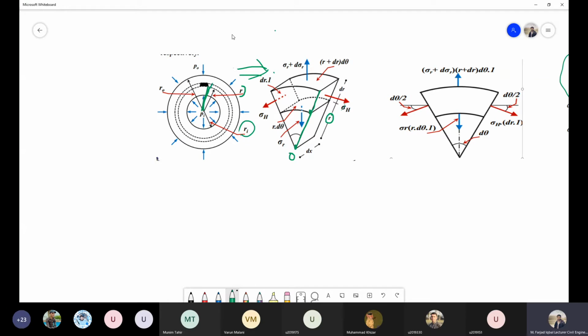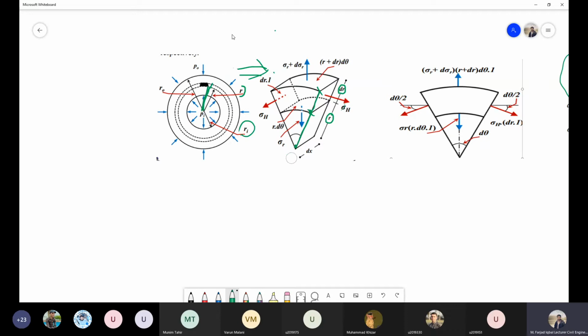Since we are taking a differential element, which is a very small element, we will say that this distance is dr. And the total distance from the center to the top surface will be r plus dr. So this is the distance from the center to the top surface.